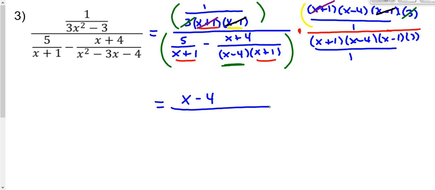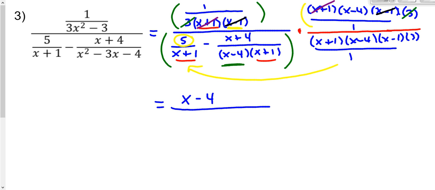Okay. Now the denominator, let's work on the first fraction multiplied by all 4 of those factors. The x plus 1 is going to cancel. So we're still going to have the 5. We're still going to have the 3 and the x plus 1 and the x minus 4.